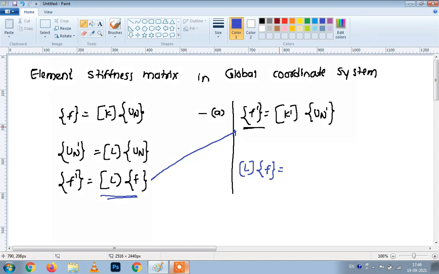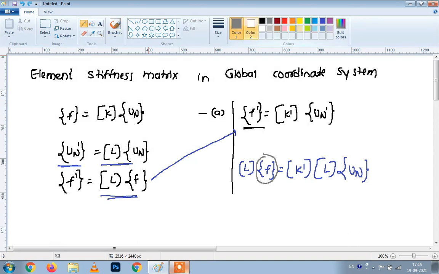is equal to K dash, which will be as it is, because right now we don't have a formula for the stiffness matrix in the local coordinate system, and this UN dash is nothing but the relation L into UN. Now we also have the formula for F: F is equal to K into UN. So we will use this formula now.